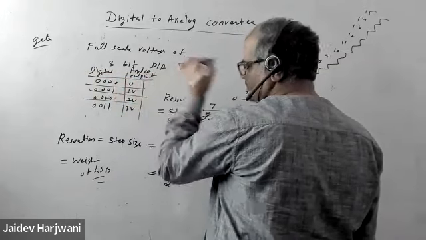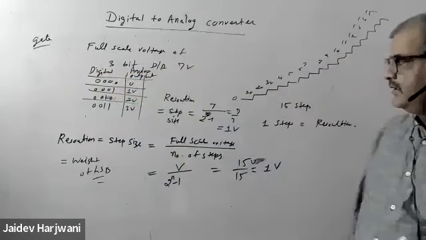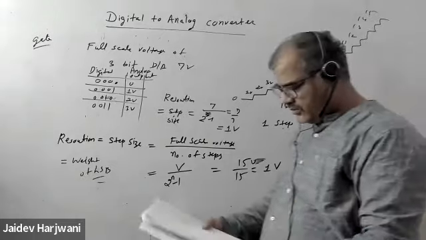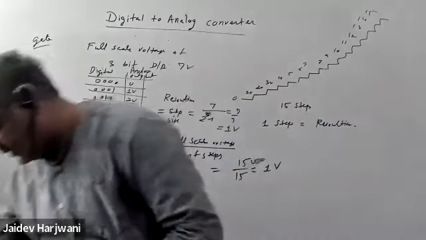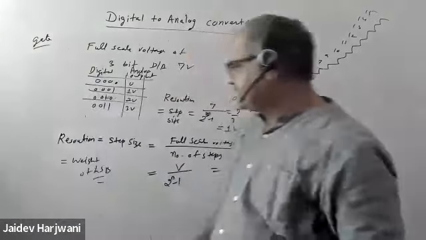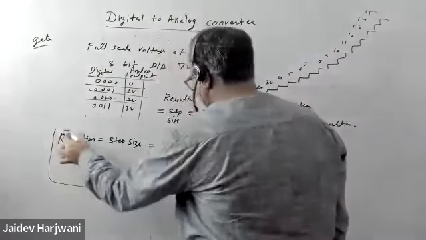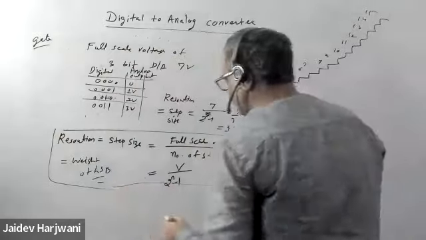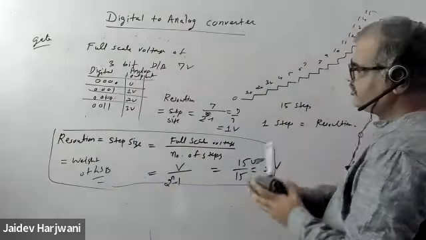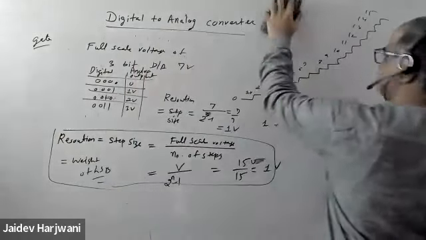Once you have calculated the resolution, you can do the conversion very easily. Now, what is percentage resolution? This is the formula you have to remember. What is the percentage resolution of a D to A converter?